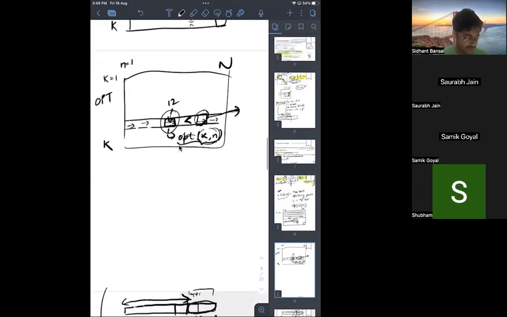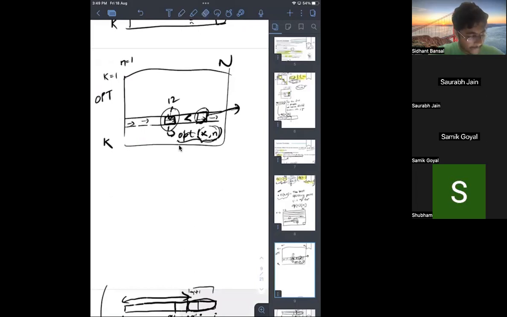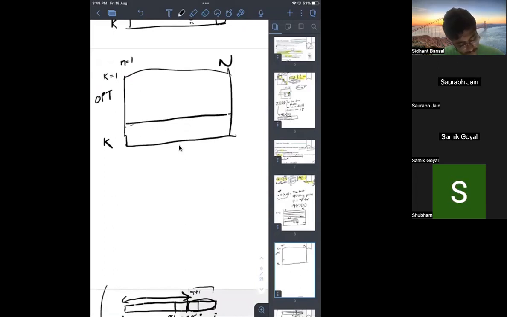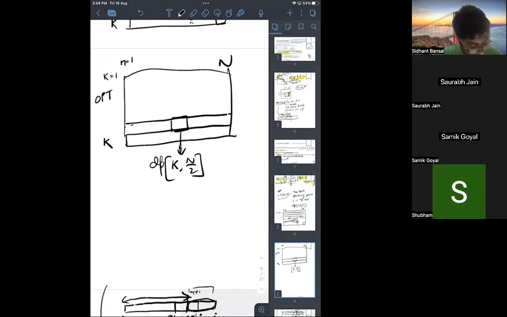So the way it works is, just remember that row wise, the opt function is monotonic. So for a given cell, what you'll do is calculate the mid value, that is k comma n by 2. You'll first calculate this dp and opt, both of them, because when you're calculating the dp, you'll get the opt for free.